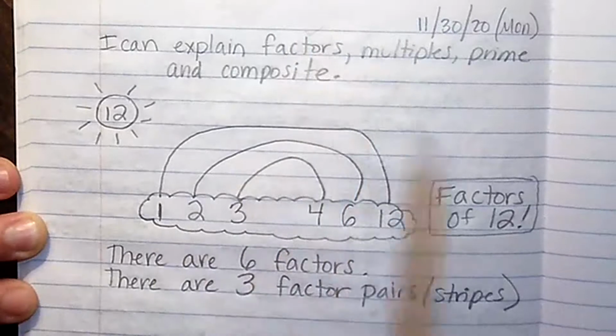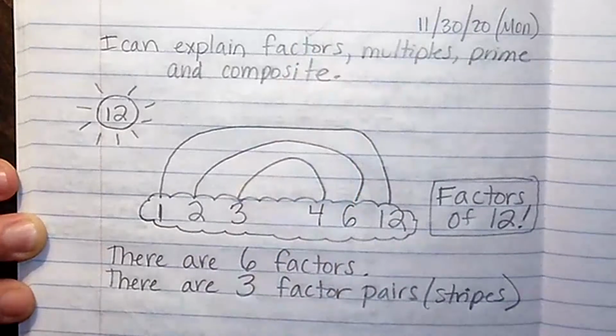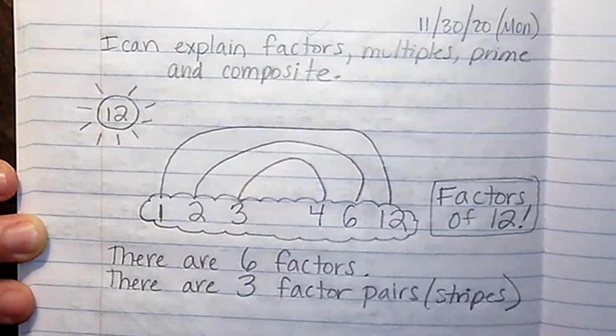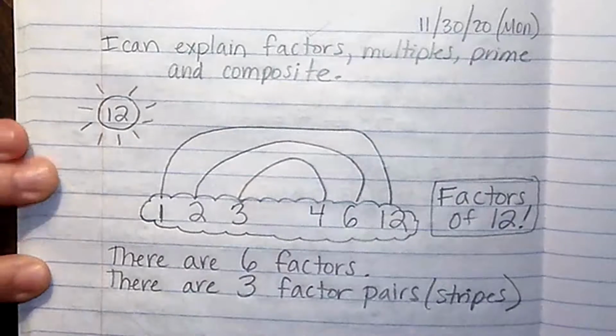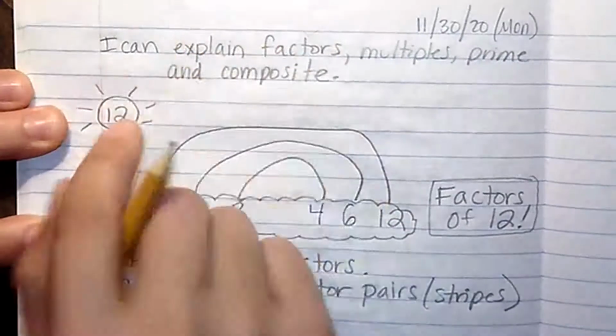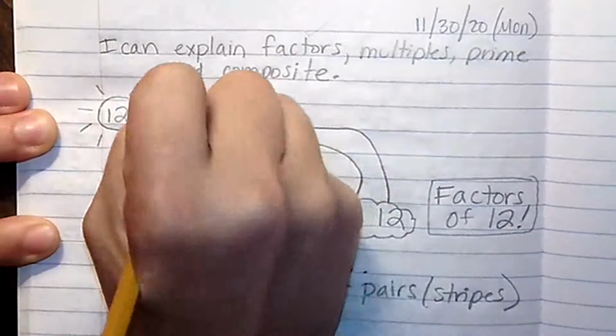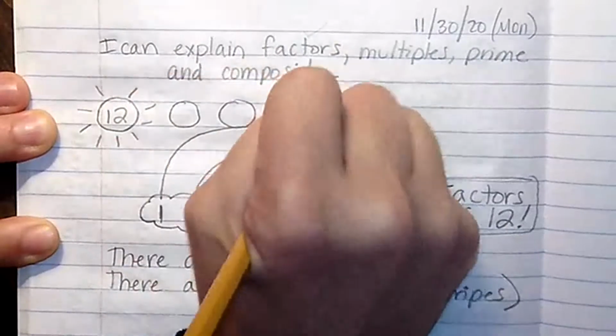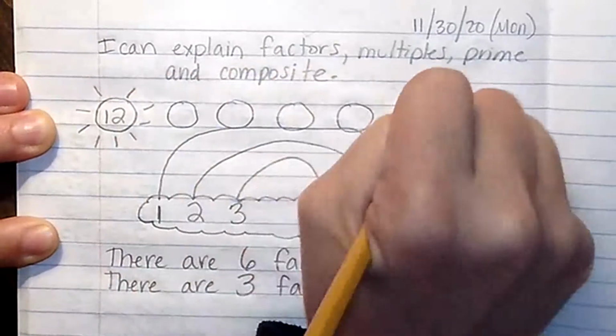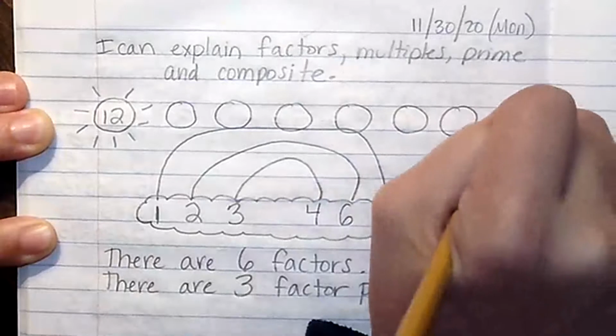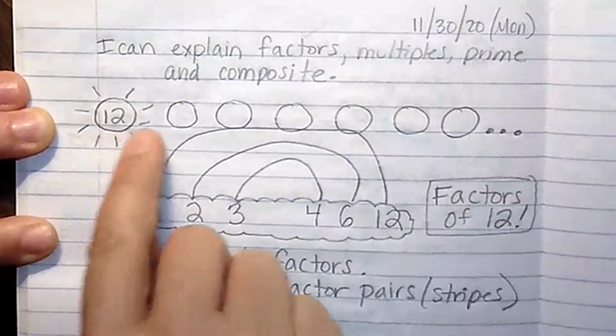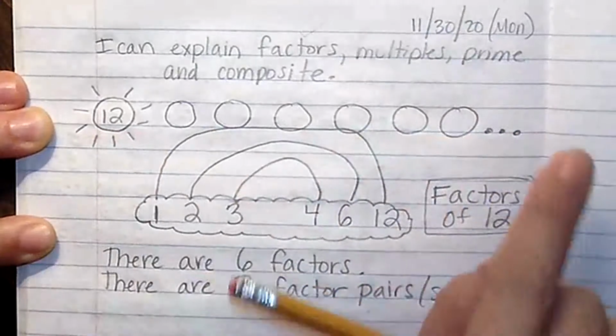I want to find multiples. When I think about multiples, they are like the stars in the sky. They go on forever. We don't know exactly how many there are. So multiples, we're going to list up here next to the sun, and they're going to be like the stars in the sky or like the planets. I'm going to make 6 circles, but I'm going to put a dot, dot, dot at the end because multiples go on forever.